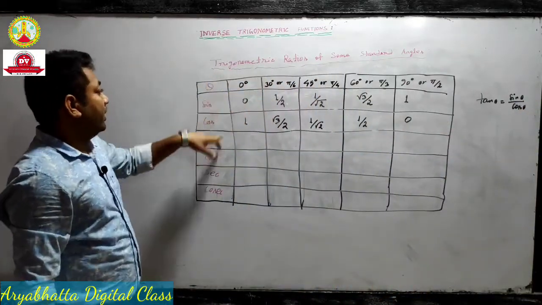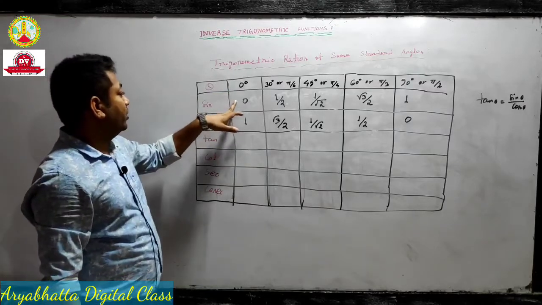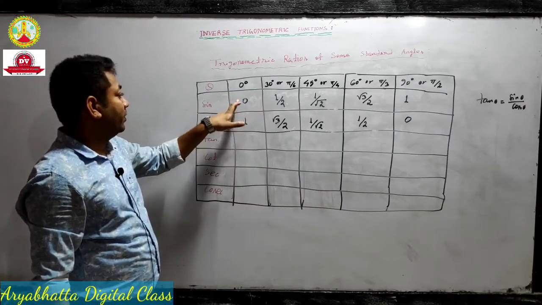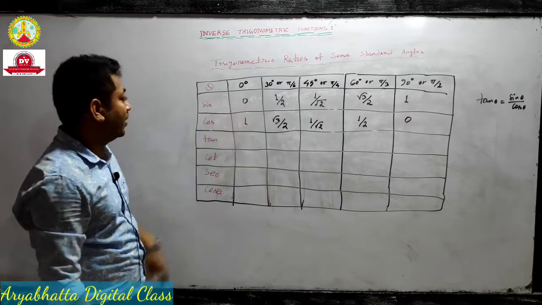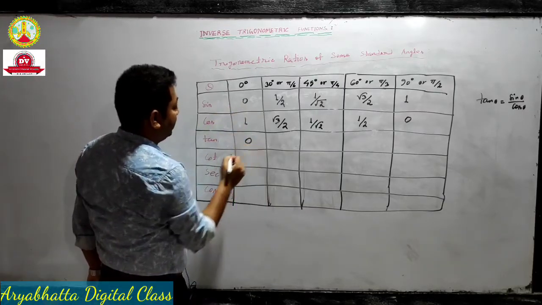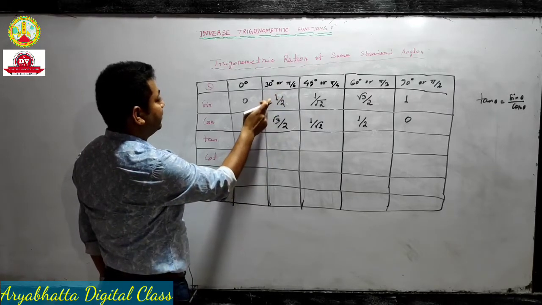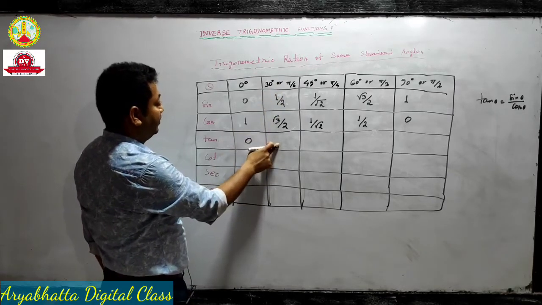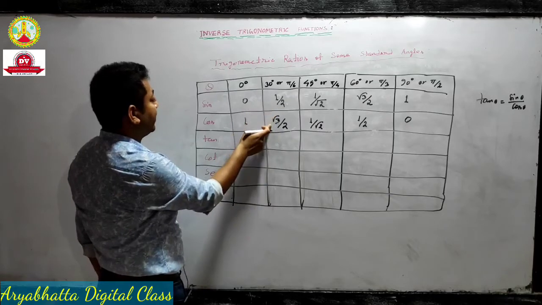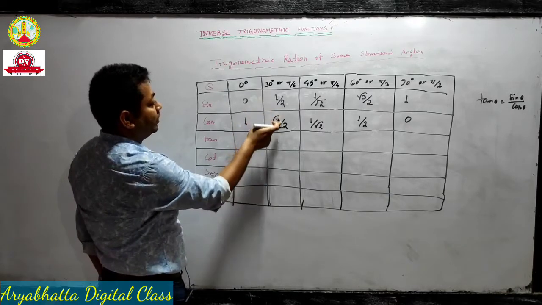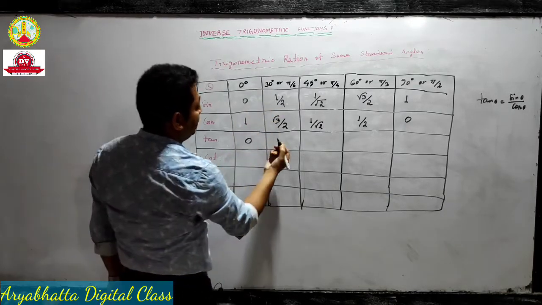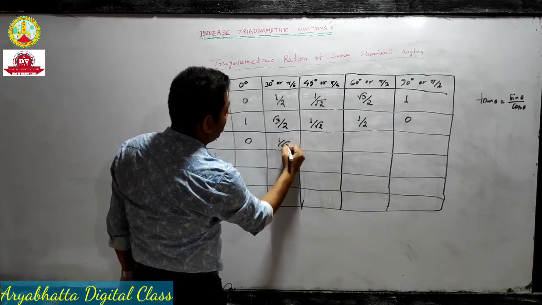Therefore, tan 0 degree equal to sin 0 degree divided by cos 0 degree, therefore 0 by 1 equal to 0. Next, tan 30 degree equal to sin 30 divided by cos 30, therefore 1 by 2 divided by root 3 by 2, this equal to 1 by root 3.